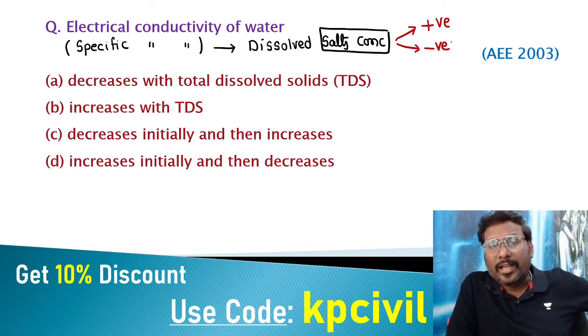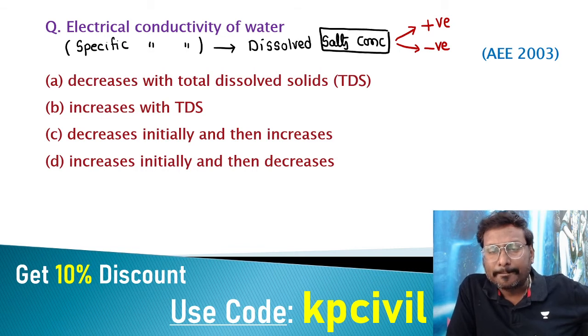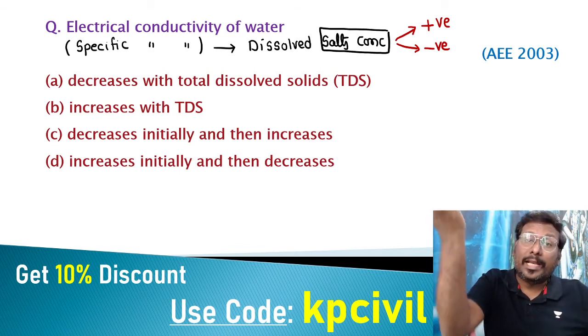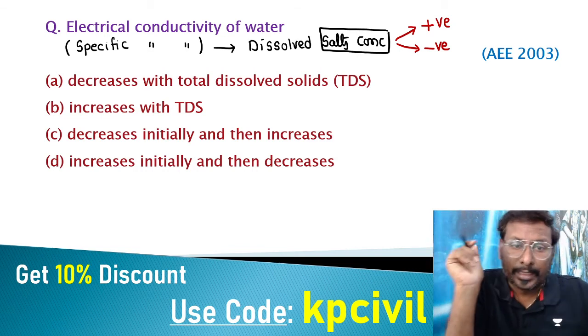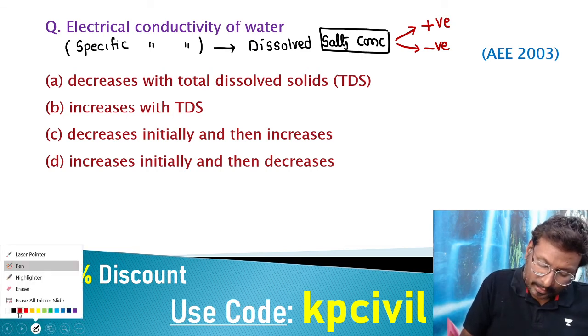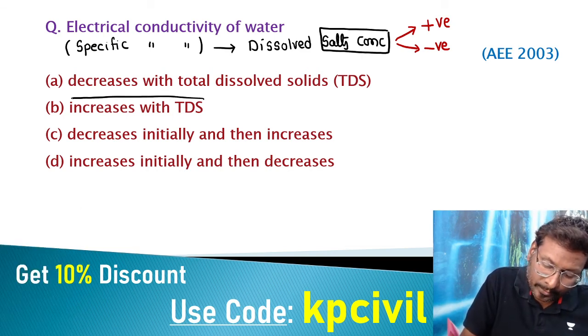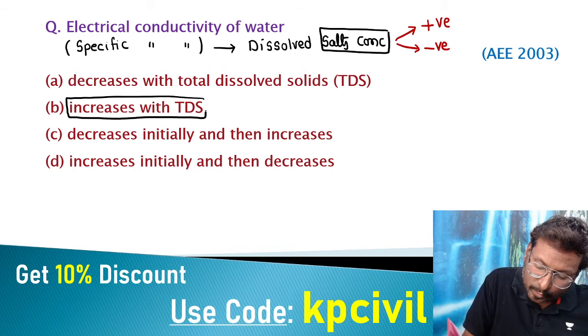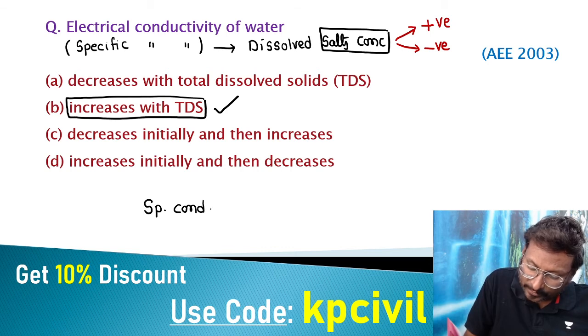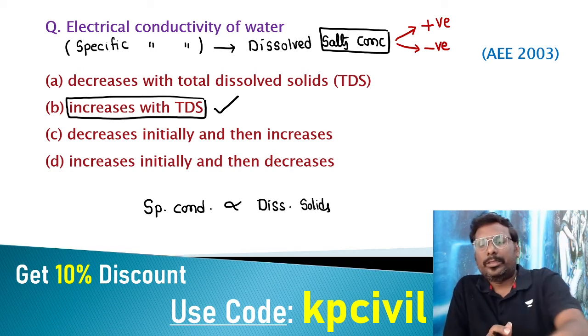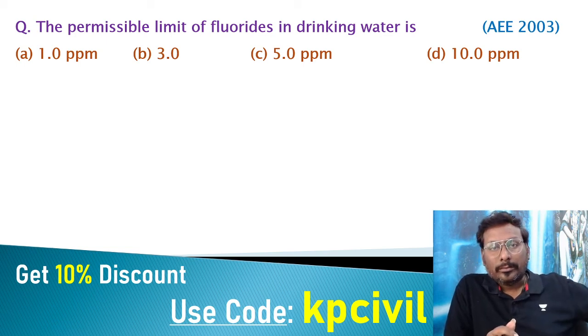The value of electrical conductivity is based on the positive and negative ions. If positive and negative ions are more, electrical conductivity is more. Means, if salt concentration is more, electrical conductivity is more. It increases with the TDS. Specific conductance of water is directly proportional to dissolved solids concentration. Both are directly proportional.